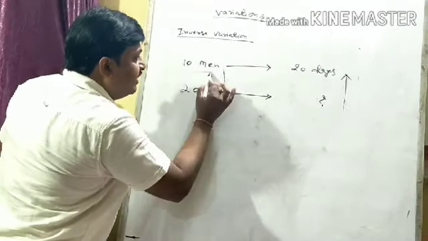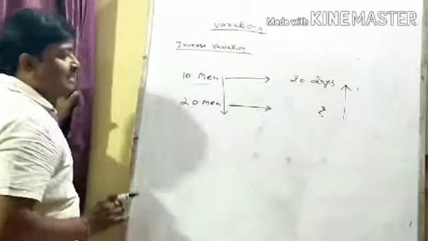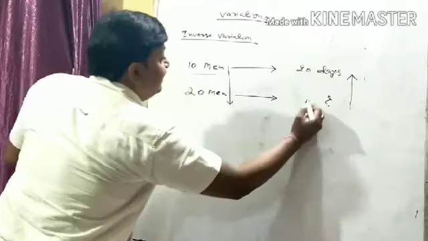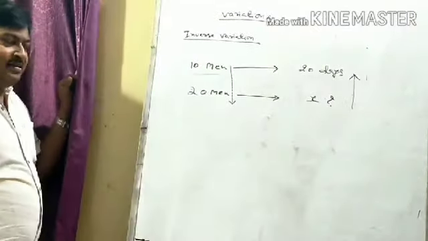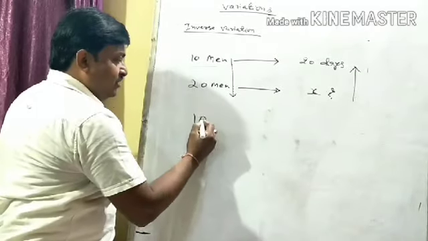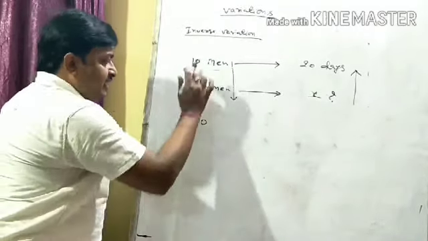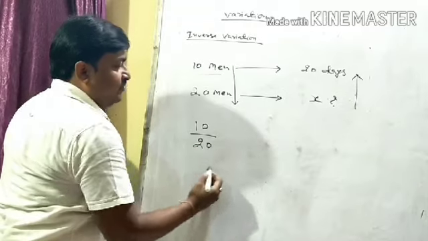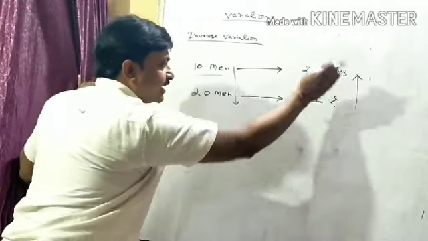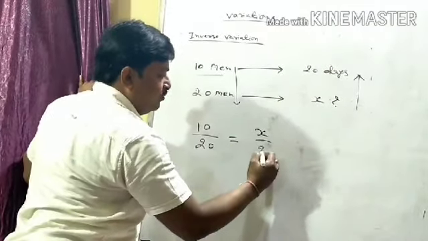So if 10 men can do a work in 20 days, then 20 men will do the same work in, suppose, X days. So in inverse variation, 10 by 20 is equal to X by 20.